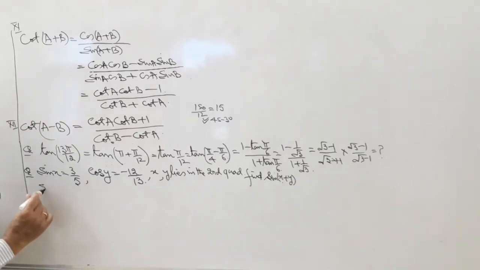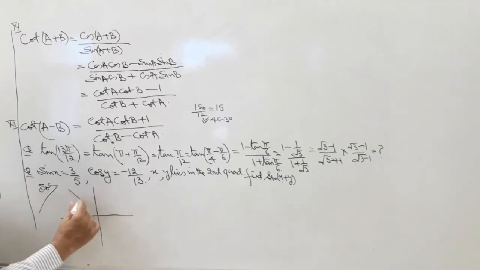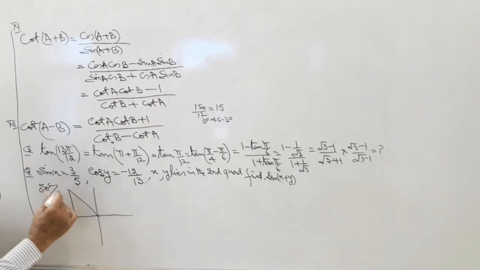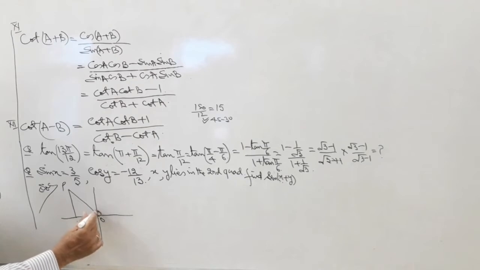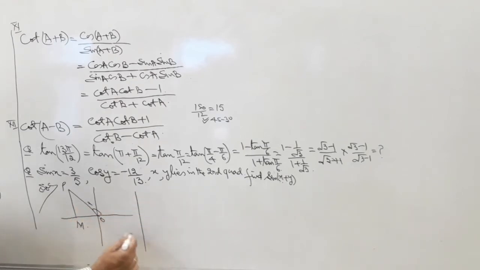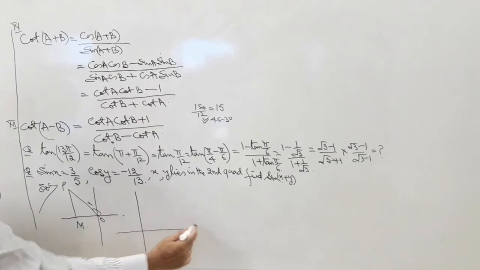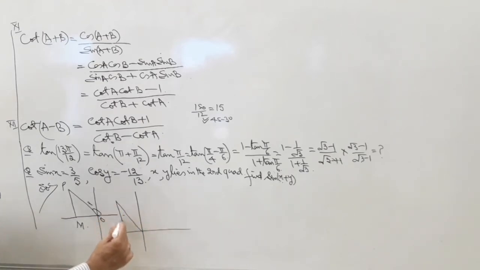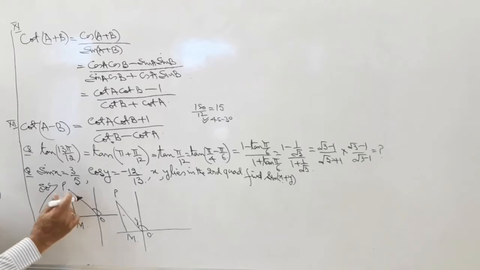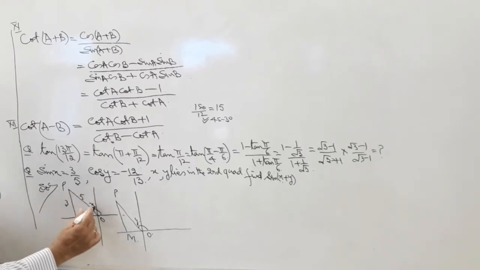So what we do here in the solution, you take out two cases. Here we have x. This is OPM. In the second quadrant, this corresponds to the x value. Then you have the second quadrant for the second angle. It is PM. Roughly you can draw the figure. It is y, the second quadrant. Sin x is given to you as 3 by 5. This is 5. This angle is x.